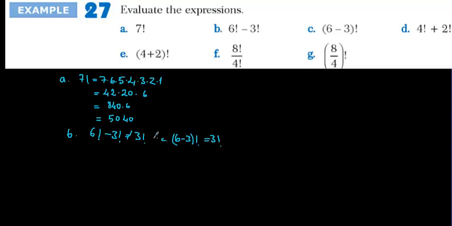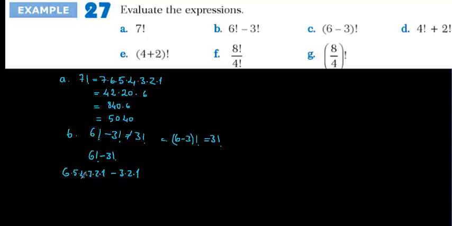What about 6 factorial minus 3 factorial? It is equal to 6 times 5 times 4 times 3 times 2 times 1 minus 3 times 2 times 1.